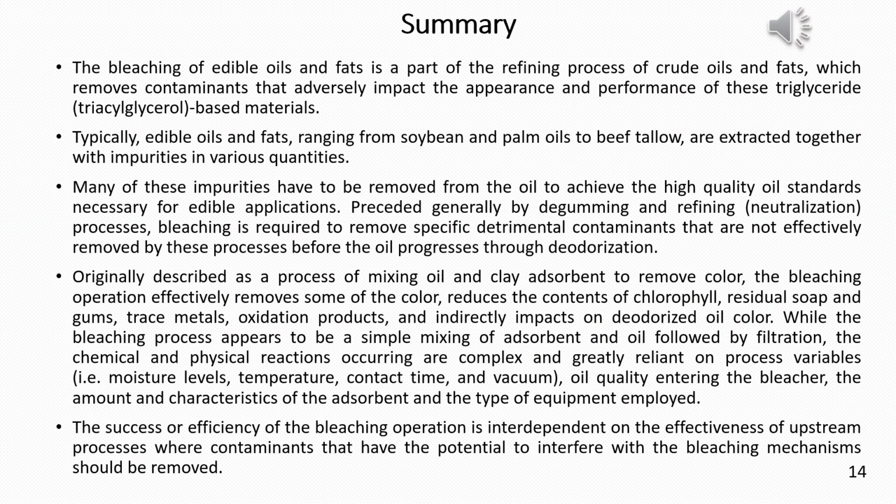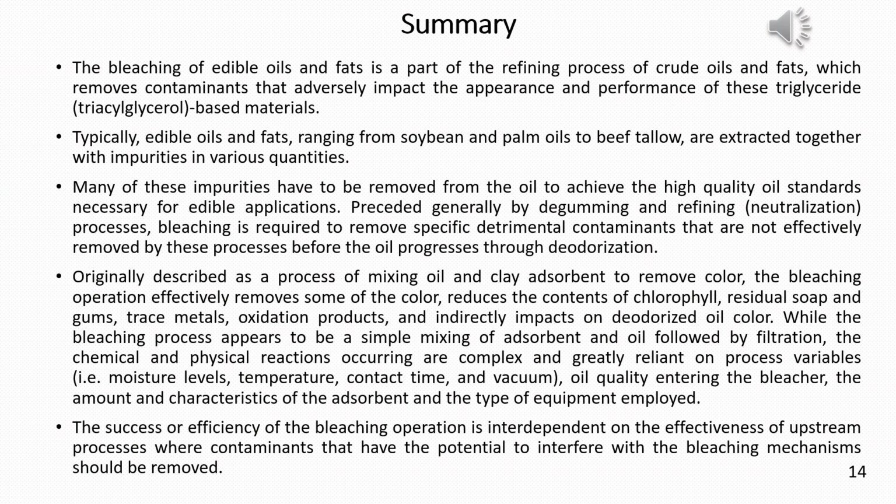So bleaching is used to remove the color of the oil; it is a very effective process. After this process, the oil passes to the deodorization chamber. Here the oil is deodorized, and any unpleasant smell or odor present in the oil is removed.